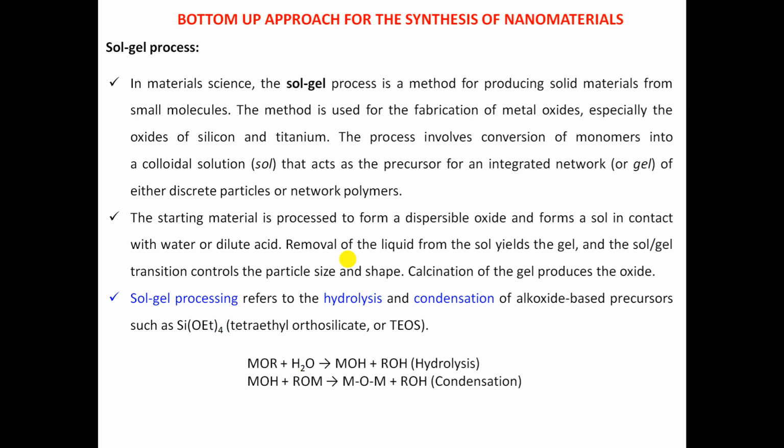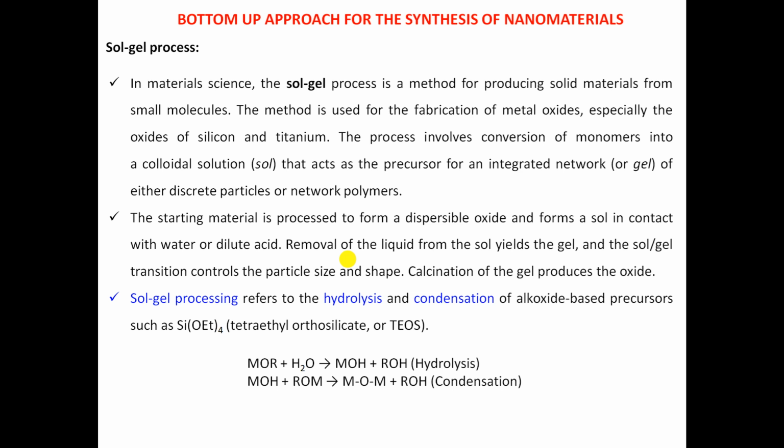The sols are linked to form a three-dimensional network called gel. The excess solvent remains in the open pores. Controlled evaporation of the liquid phase results in a dense porous solid called xerogel. On the other hand, when supercritical extraction is used, a highly porous lightweight solid is formed. They are called aerogel.